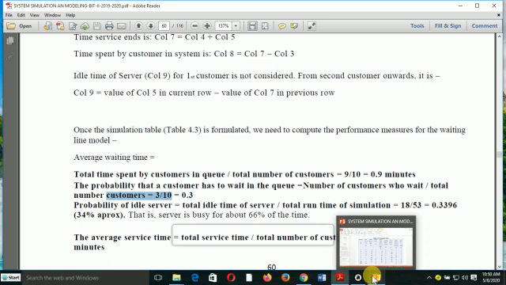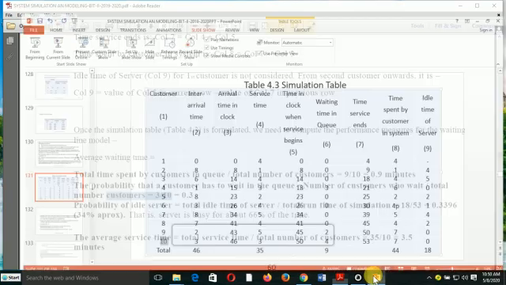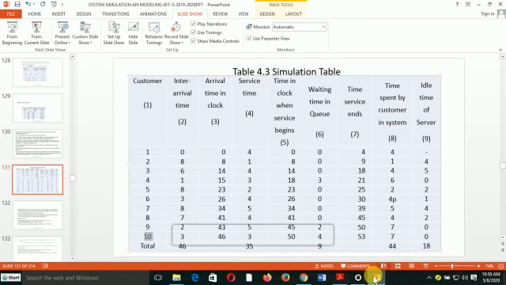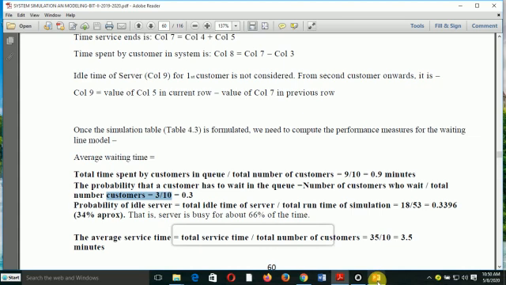We take the total number of customers who wait, we check from here. This is 1 customer, 2 customers, and 3 customers. Others did not wait. So we take the total number, which is 3, divided by our 10 customers. We find that the probability is 0.3.